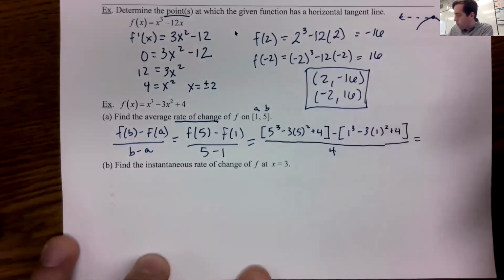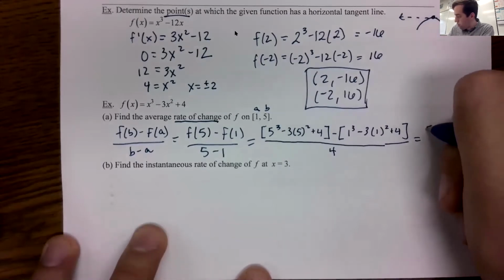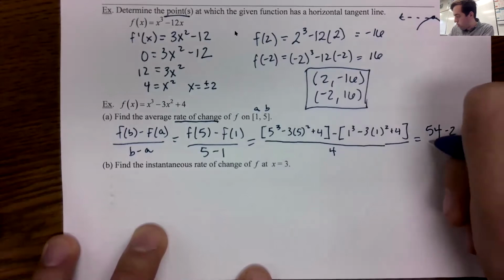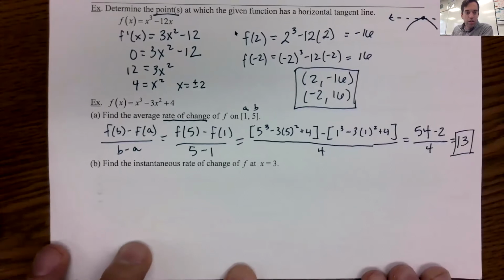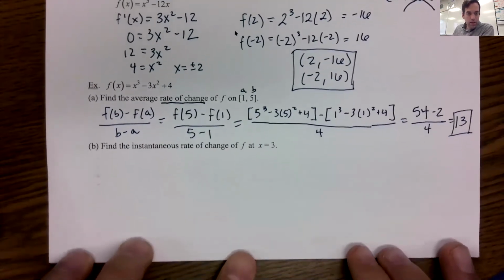So we end up with 5 cubed minus 3 times 5 squared plus 4, which is 54. And then 1 cubed minus 3 plus 4 is 2. So we end up with 52 divided by 4, which is 13. So that's the average slope from 1 to 5 on this curve, okay?